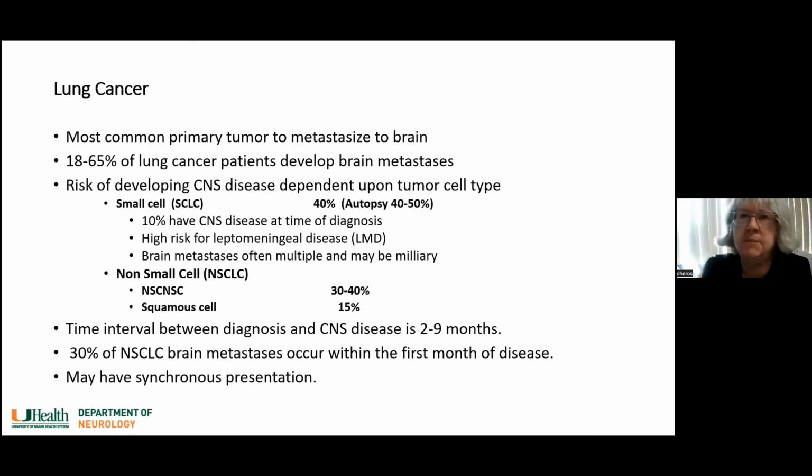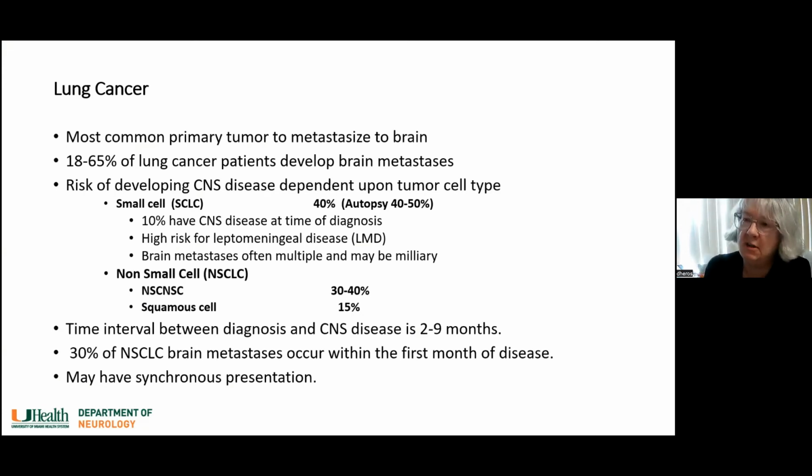So I wanted to talk about the behavior then of the three major malignancies that contribute to brain metastasis. The more we understand the behavior of the specific type of cancer, the better we can be at selecting appropriate treatment strategies for these patients.